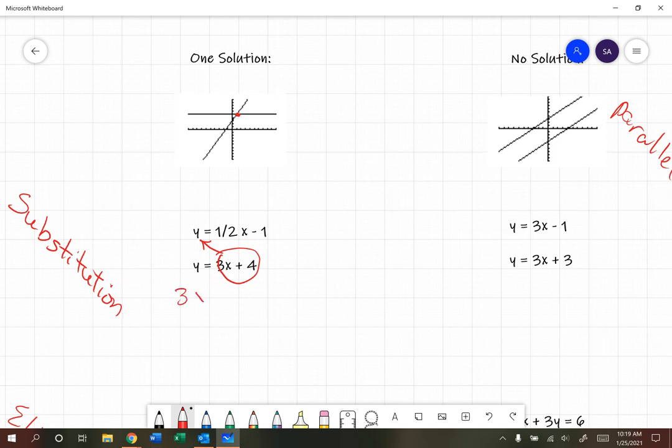So I would have 3x plus 4 equals 1/2 x minus 1. And this is the one you're most familiar with. So when I subtract 1/2 x, I get 5/2 if I put it into an improper fraction, or 2.5 if you did it that way.